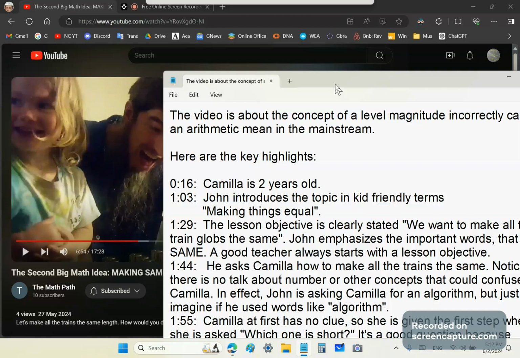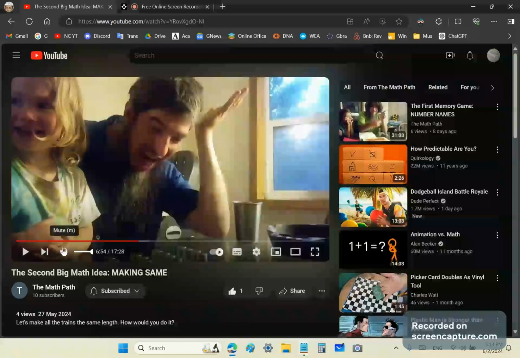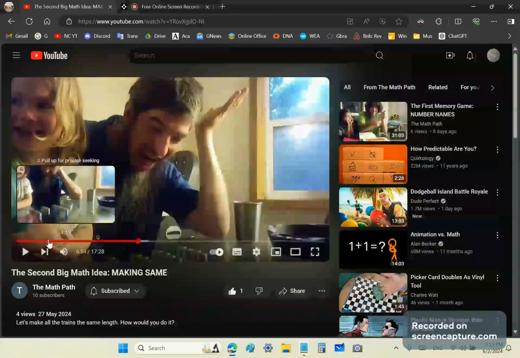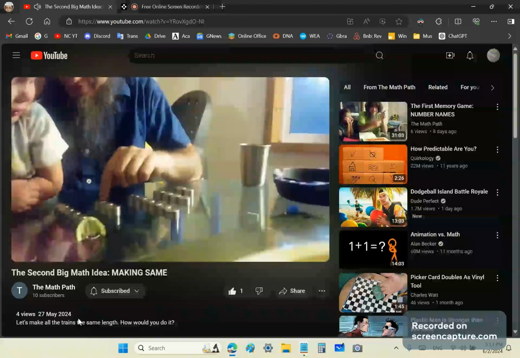Now, at 129, he does a very important thing. He says, we want to make all these train globs the same. So he states the lesson objective, which is what every good teacher does. Let's just quickly look at 129. Let's start there. Tricycle, scooter, okay?